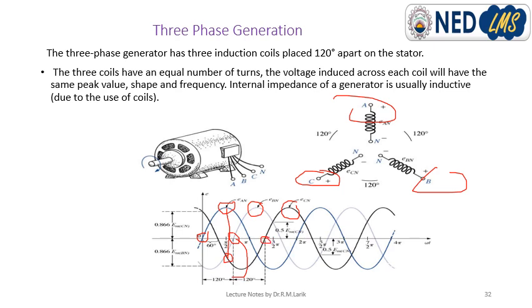That's how they attain their different values of maximum, minimum, zero, negative maximum, minimum, and zero again. That's how we obtain all three-phase sinusoidal waveforms.